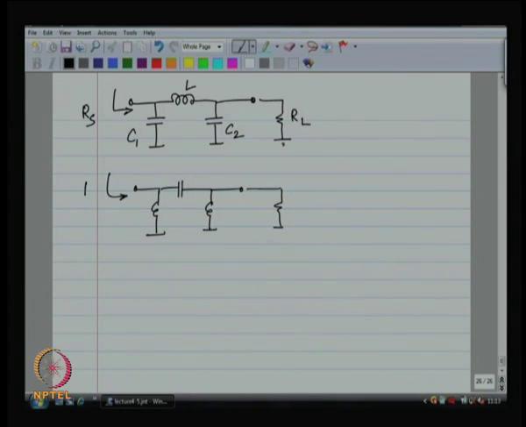Okay. You could also have something like this. Or like this.